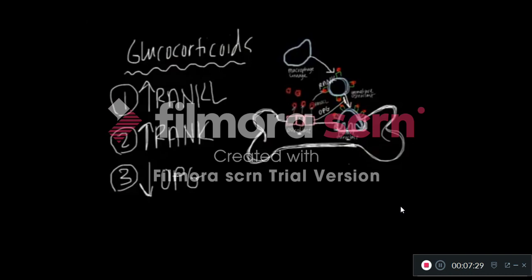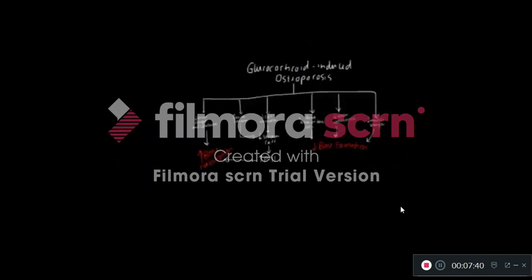And we're actually just going to very quickly go through a few other ways in which glucocorticoids not only stimulate bone reabsorption, but also inhibit the production of bone. Here we have a little summary table of some other ways that glucocorticoids can affect bone reabsorption and bone formation.